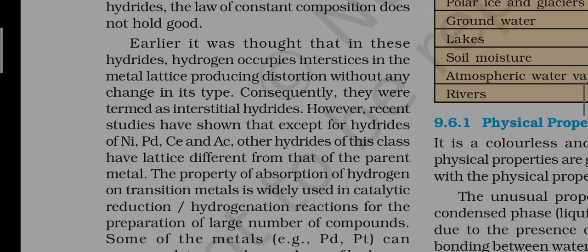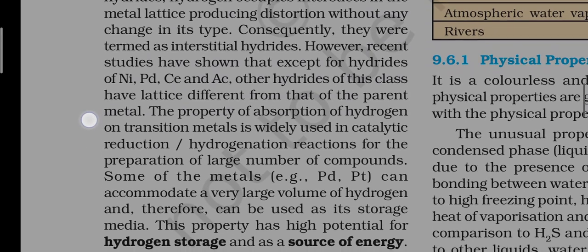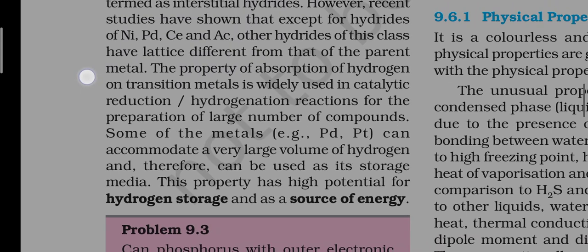Earlier, it was thought that in these hydrides, hydrogen occupies interstices in the metal lattice, producing distortion without any change in its type. Consequently, they were termed as interstitial hydrides. However, recent studies have shown that except for hydrides of nickel, palladium, cerium, and others, hydrides of this class have lattice different from that of the parent metal.